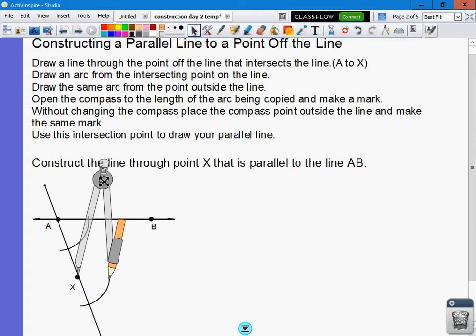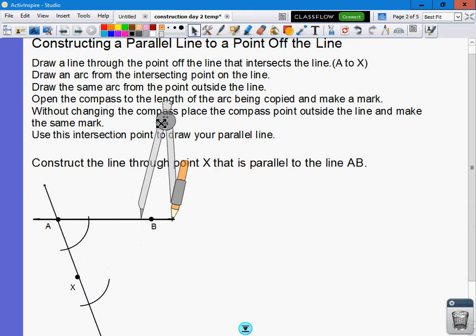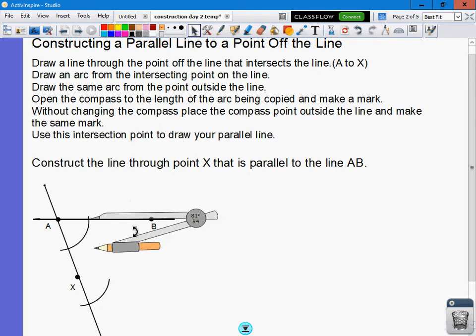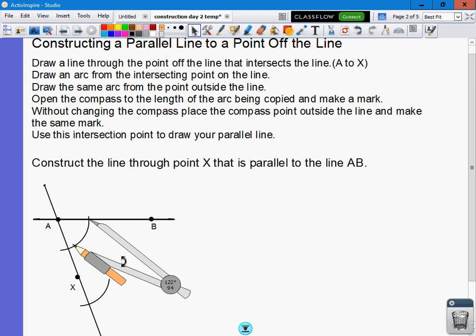Now, remember that when we're creating a congruent angle, we had to pick our compass back up. We're going to go to that original arc that we made, and we're going to reset the compass so that the length of the compass is set for the distance across that angle from where the arcs intersected. Does everybody see that I have it set that way?